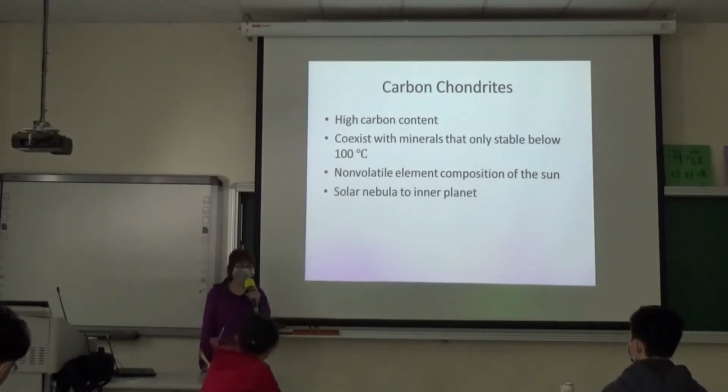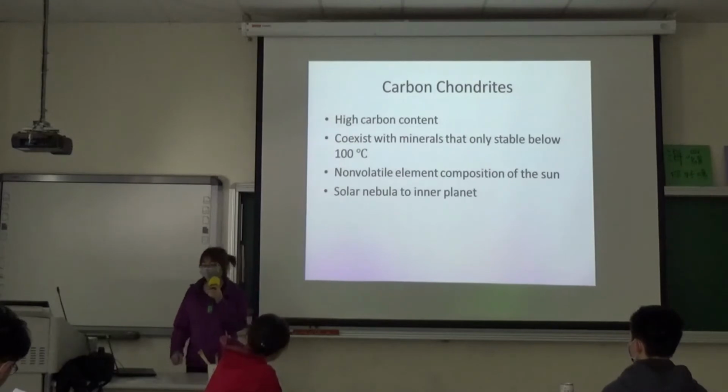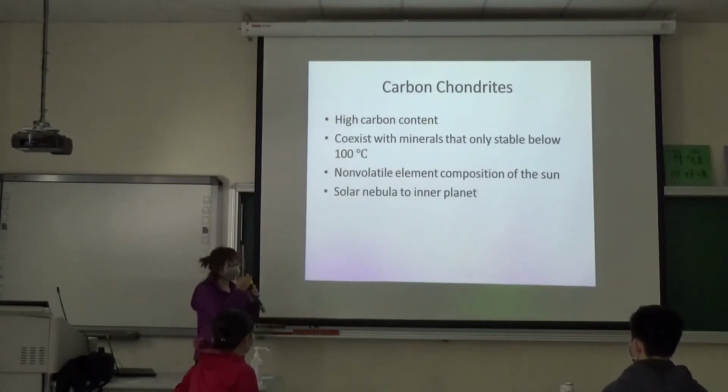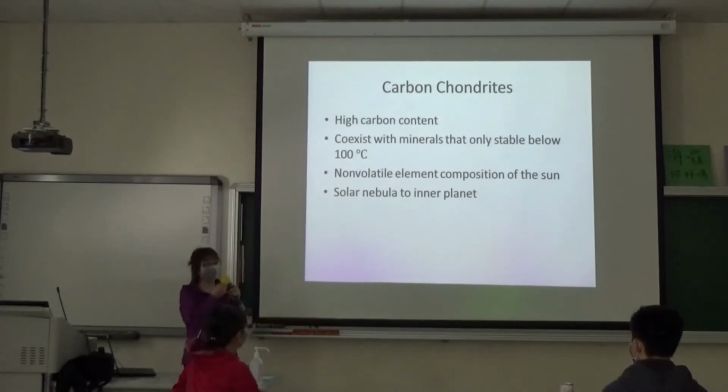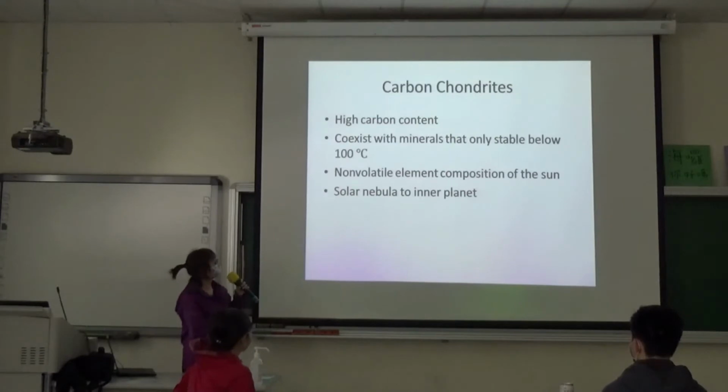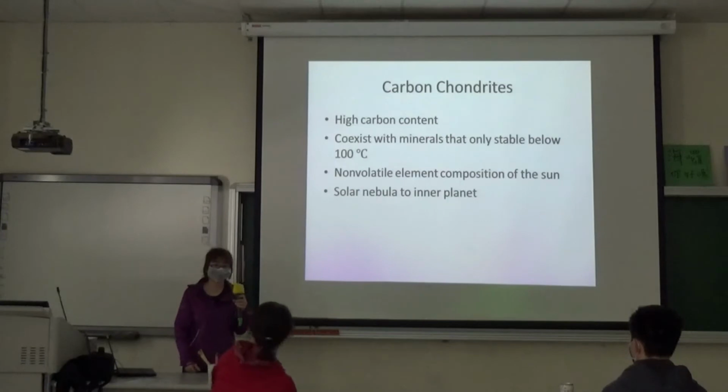From what I remember, the ordinary chondrite's melting temperature is higher, and those volatile elements already disappeared. So it cannot be like the carbonaceous chondrite that contains so many elements inside. That's good. That's very logical.